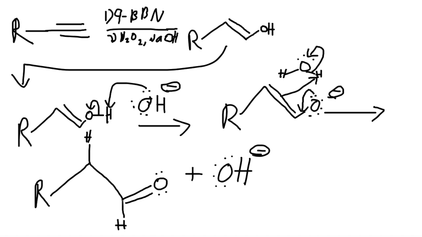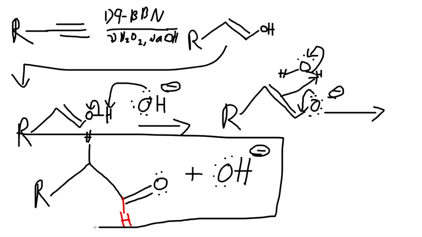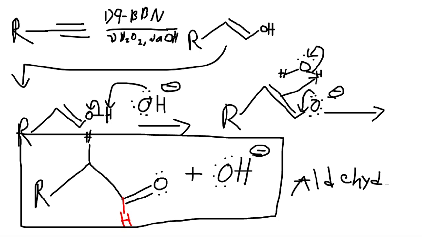That's why we drew it here. Actually, this other hydrogen over here wasn't grabbed, but it was always a hydrogen over here. Always assume there's a hydrogen here. And this will make it an aldehyde. So this is our answer, and we made an aldehyde.